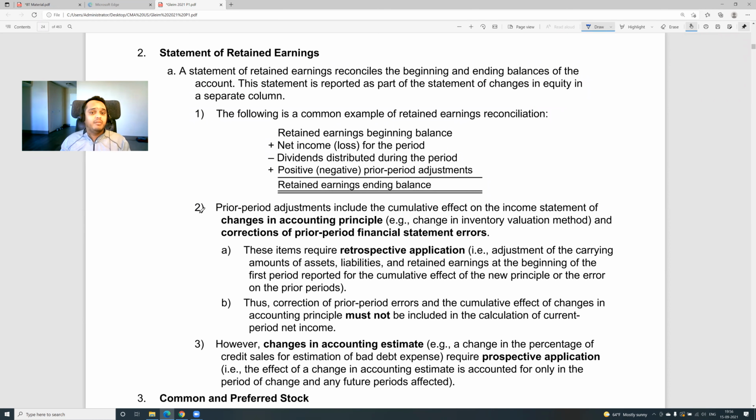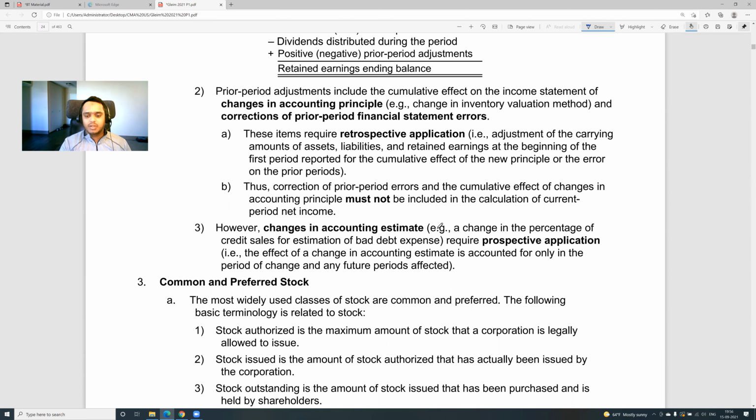If it is a prospective effect, you change it from now, and the change affects things going forward. However, changes in accounting estimates, such as a change in the percentage of credit sales for estimating bad debt expense, require prospective application. That is, the effect of a change in accounting estimate is accounted for only in the period of change and any future periods affected.